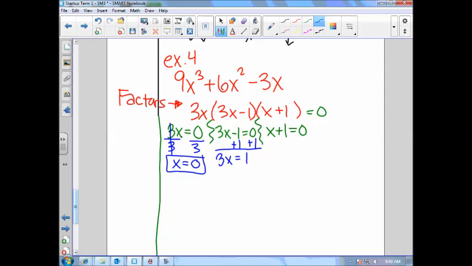To get x by itself. Divide both sides by 3. And now we get x equals 1/3, which is fine. You can have a fraction. If you got x equals 3, I think you're trying to divide backwards. Okay, and the last one right here, Noah, how do I solve for x?